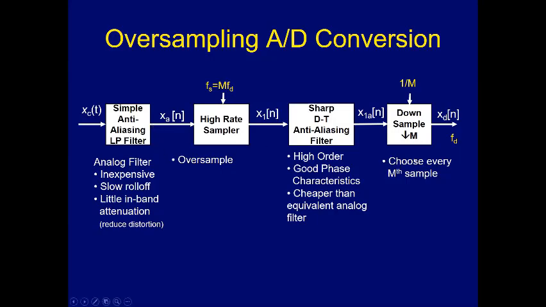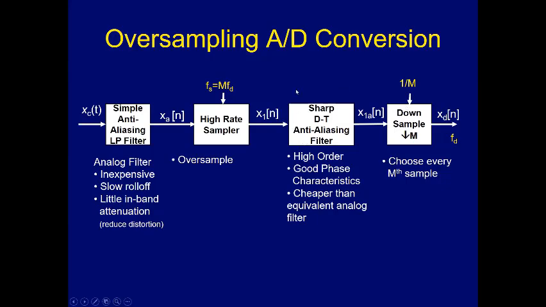But if that sampling rate's too fast for the rest of the system, we can use some high-speed digital filtering, sometimes built into the A to D converter, to further reduce any alias signal in that original signal, and then go through that downsampling process, restoring the signal still to a discrete time signal, but at a lower sampling rate, one that the rest of my system downstream is able to keep up with.